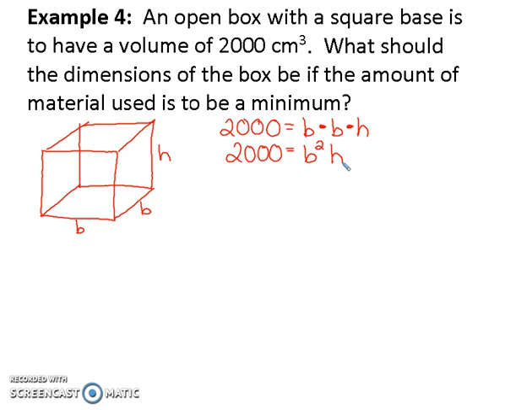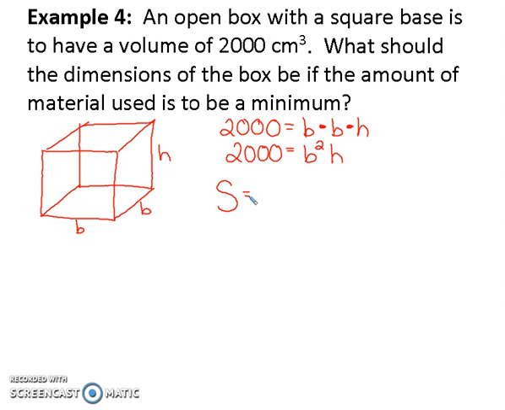But then it says, what should the dimensions of the box be if the amount of material used is to be a minimum? So the material used is what we use to create the actual sides of the box. Now this box, since it's open on top, it only has 5 sides. We'll call it S for surface area. So one of those sides is the base.